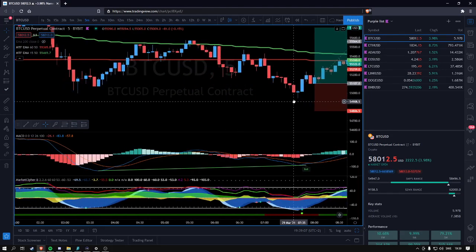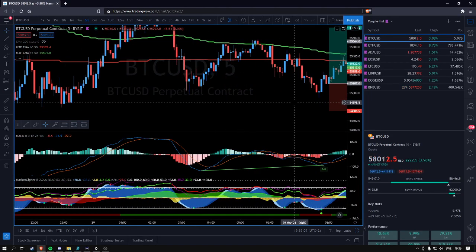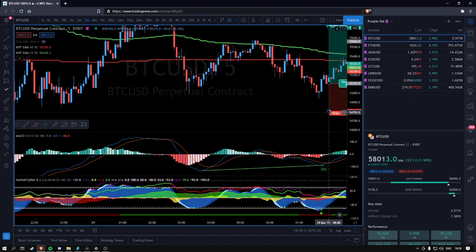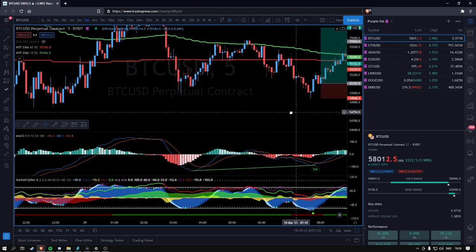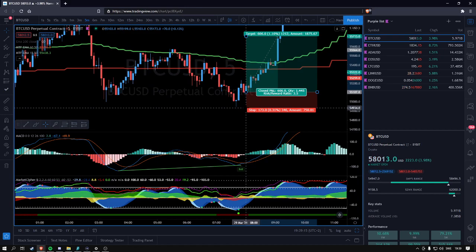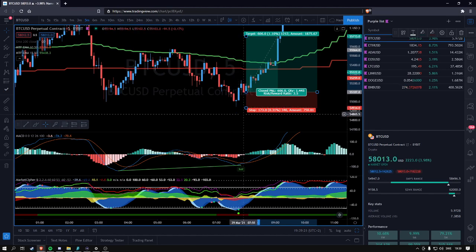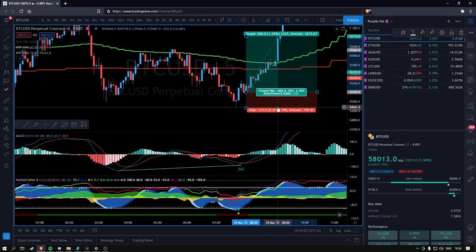You always want to look left and see. So this was, if I were to put it here, that'd be roughly 30%. You want to always put it right below, so not exactly where it stopped. You want to have wiggle room. So this one is 31%.